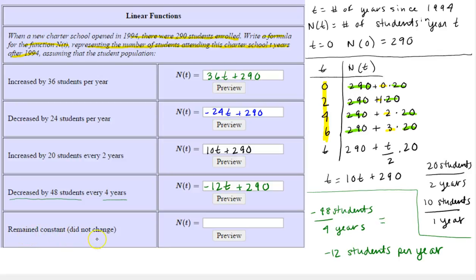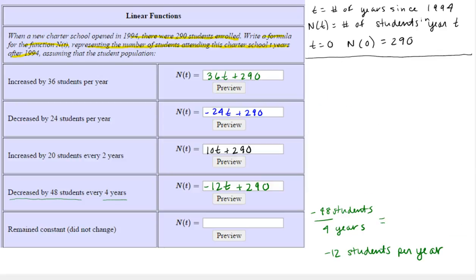Remained constant, did not change. Well, if it remained constant and did not change, we could think of this. Here's our t, here's our n of t. In year 0, we have 290.